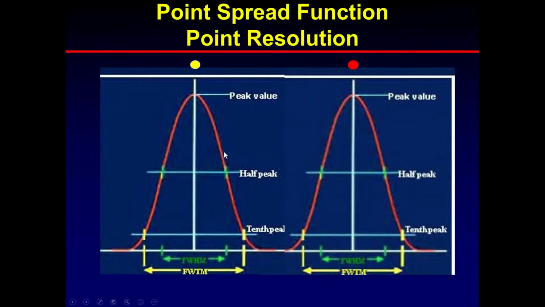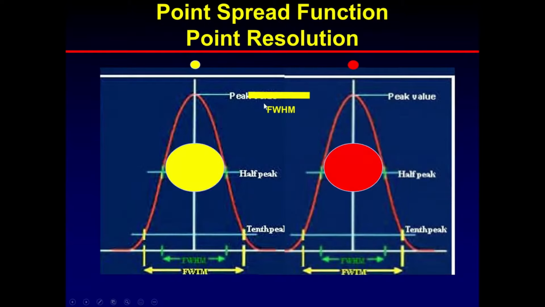And if you look, you'll notice that when you image this point source, it doesn't look like the point source anymore. It looks like this big glob, and that's because the full width half maximum is so wide that it causes a blurring of the point source.